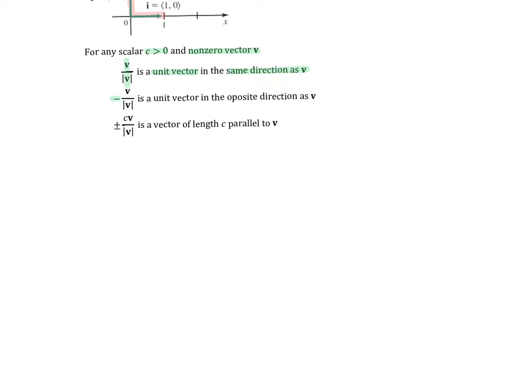If we take the negative of the vector divided by its magnitude, we get a unit vector in the opposite direction. So in general, if you take plus or minus any scalar c times v divided by the magnitude of v, you'll get a vector of length c parallel to v.